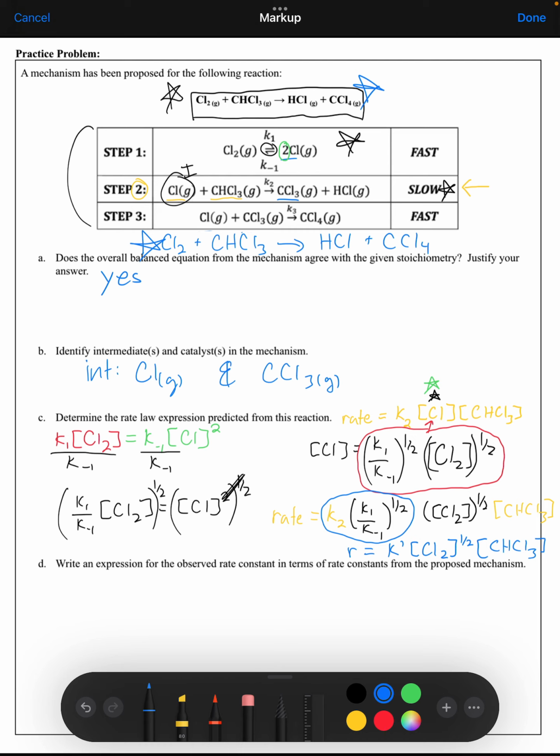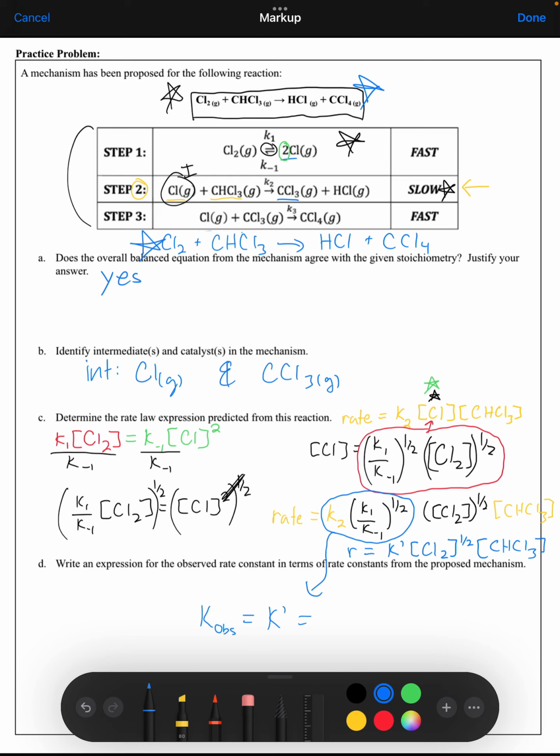Now, question D asks us to write an expression for the observed rate constant in terms of rate constants from the proposed mechanism. Again, sounds complicated. It's not. You literally already did it. So all we have to do now is bring this complicated looking K expression down, and we say that our K observed, which as a reminder is another way to write K prime, which is my favorite way to write it.